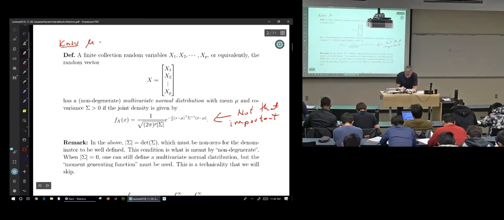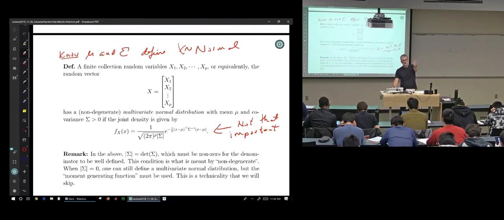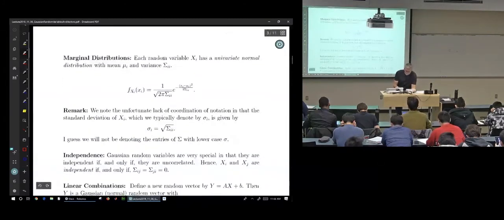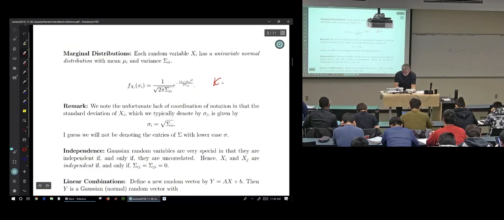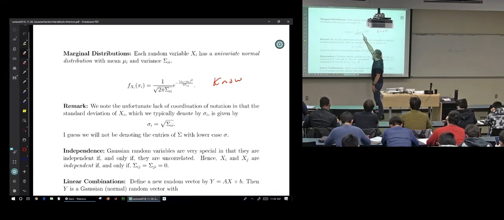So know mu and sigma define x normal. That's all I care about. If you believe it's the mean vector and the spread, that's all you really need. The marginals, it's too useful not to know, you just read them off the diagonal terms.